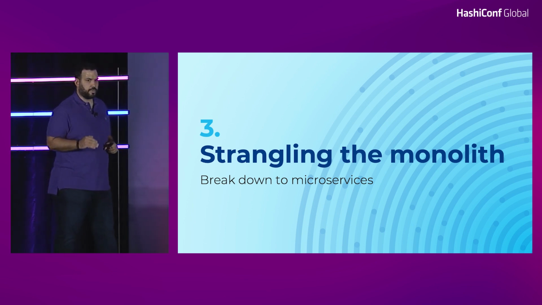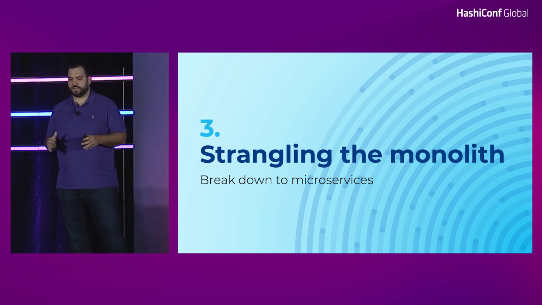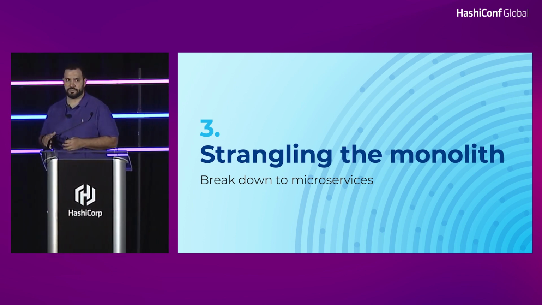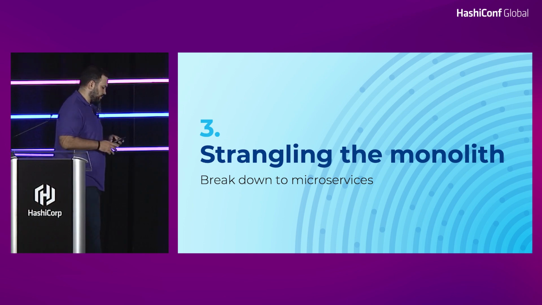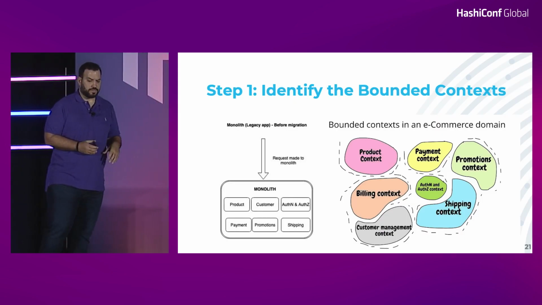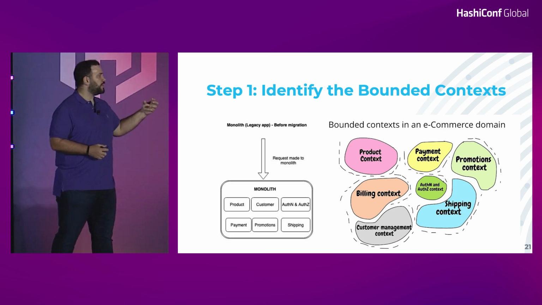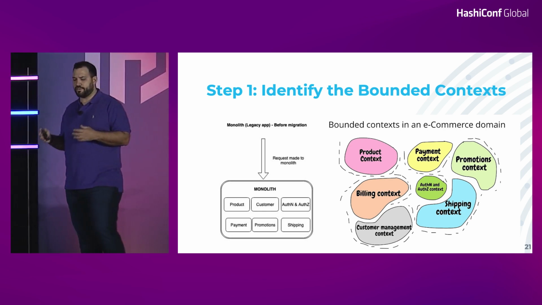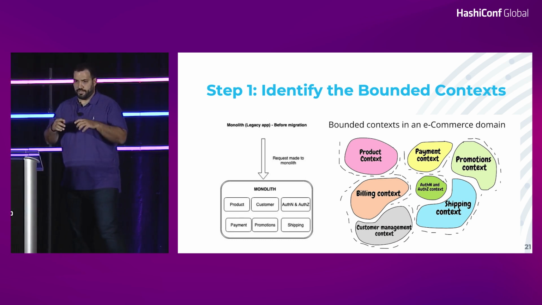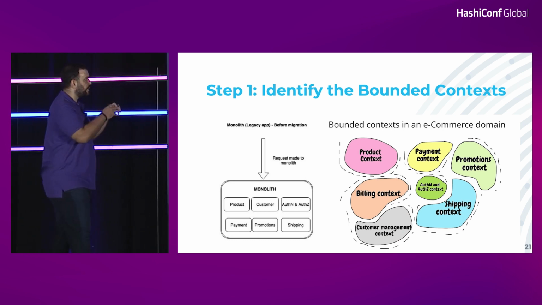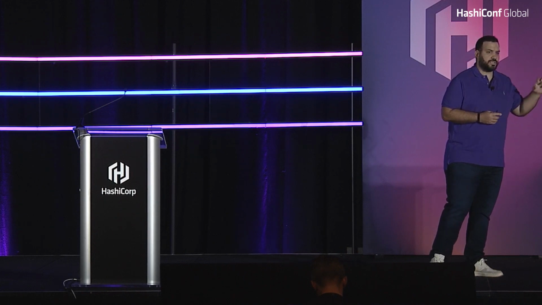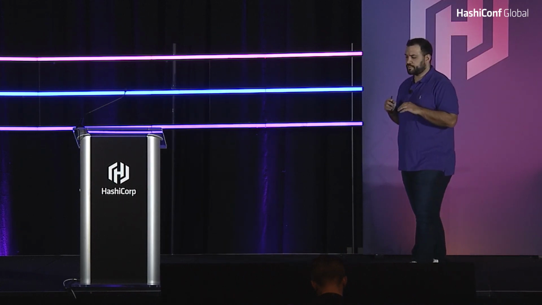So let's start with the first step. So how can we start strangling the monolith? How can we start carving out functionality from the monolith in order to create those microservices? So we start by identifying the bounded context, and looking into a monolith, we can define different business contexts that are engraved in our monolith, and we still don't think about microservices.